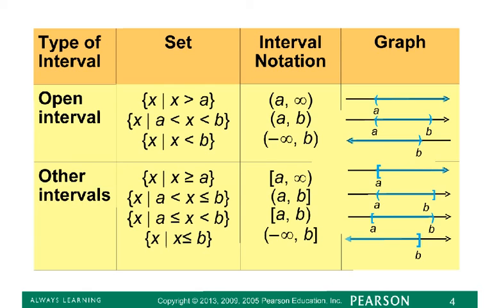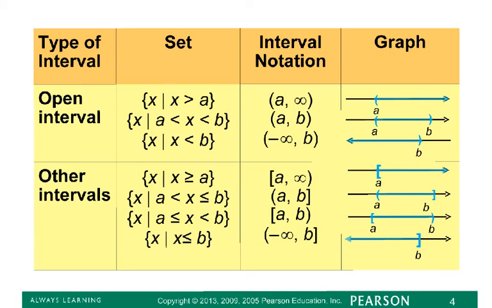Same goes in this interval. See how this symbol that goes along with a means the value of a is not included, but the value of b right here is included. So we put a bracket around it.